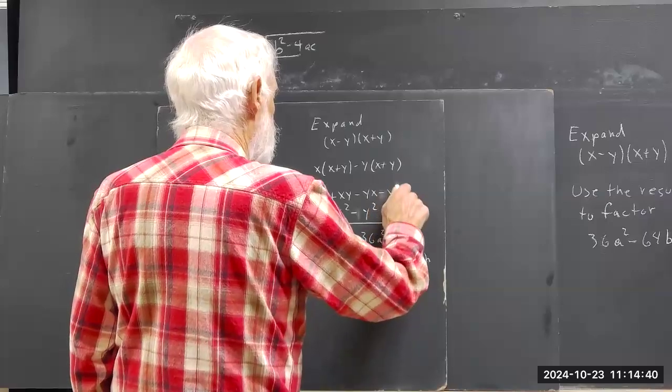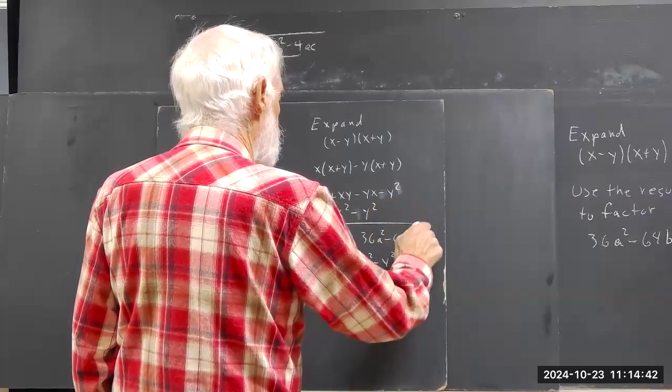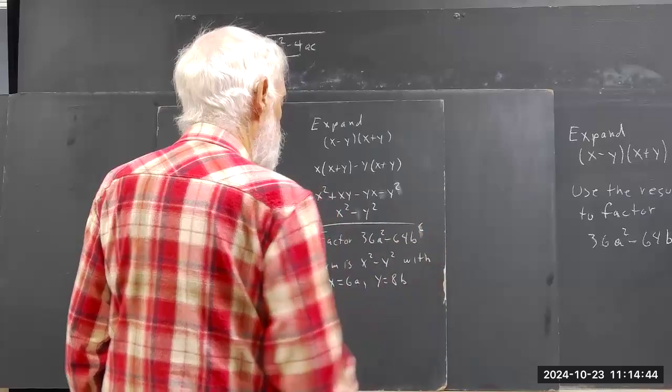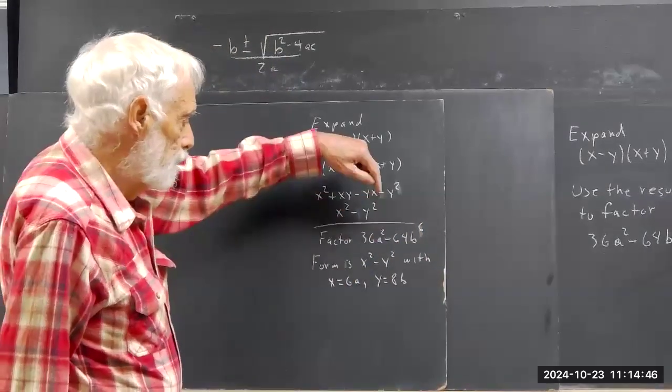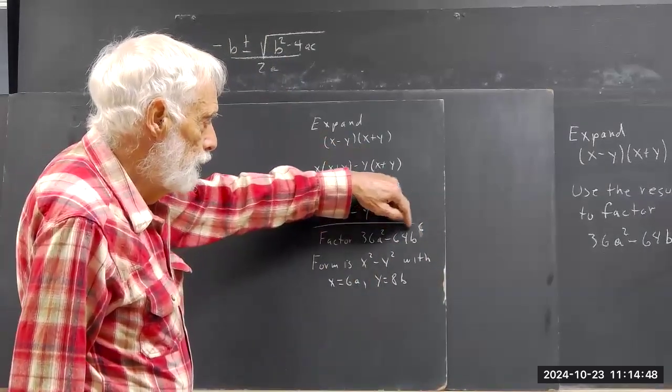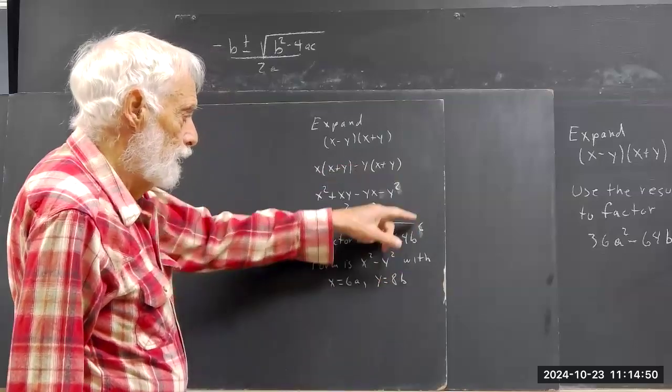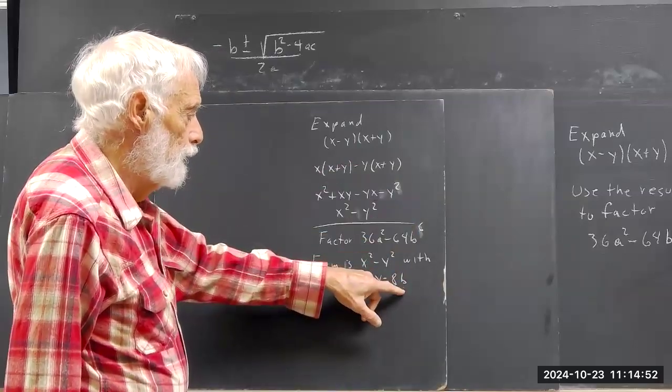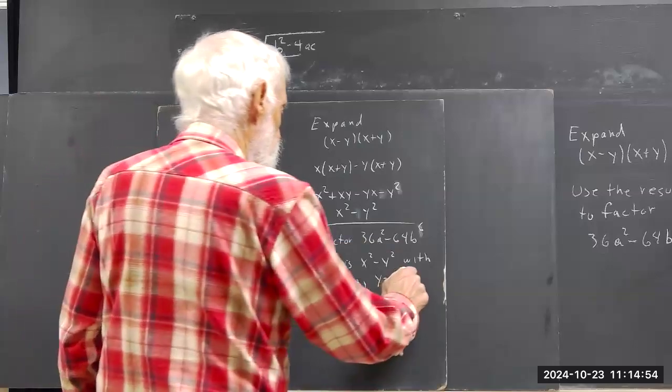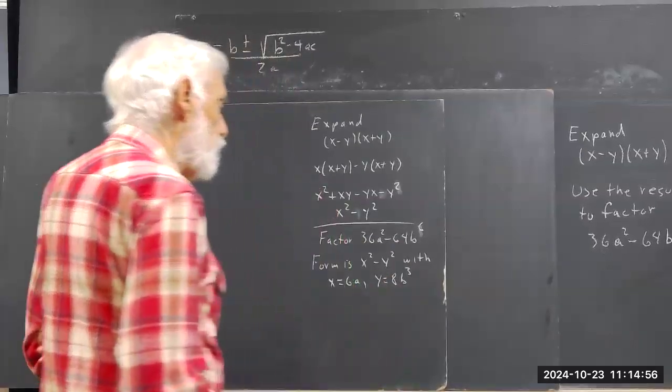It's not b squared, it would be b to the 6th. What power of b would you square to get b to the 6th? It would be b to the 3rd.